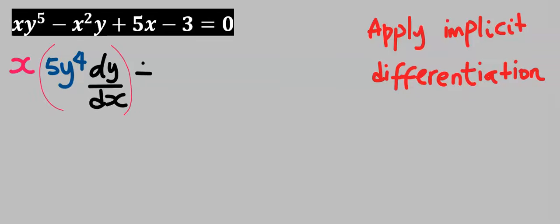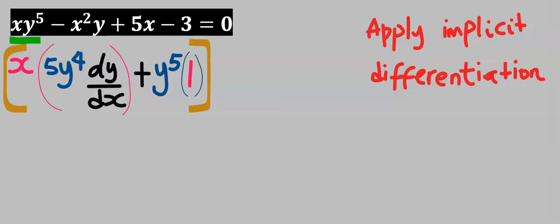Next, we put a plus, which is in the rule of product rule. Next, we're going to keep y to the power of 5 constant, and we're going to differentiate x, and we're going to have 1. We are done with this. Next is this minus.